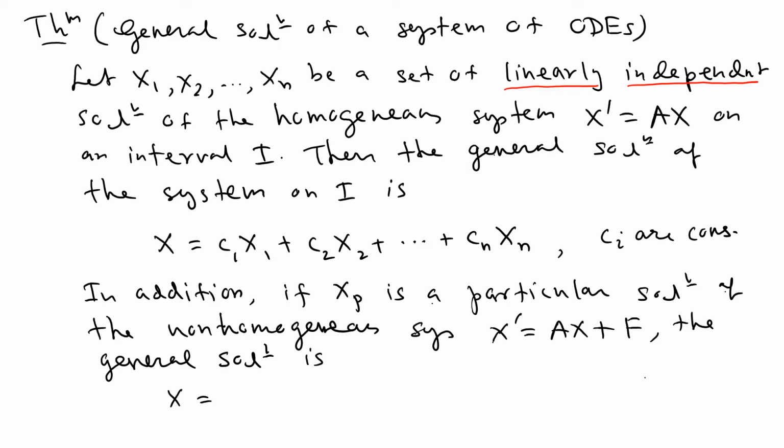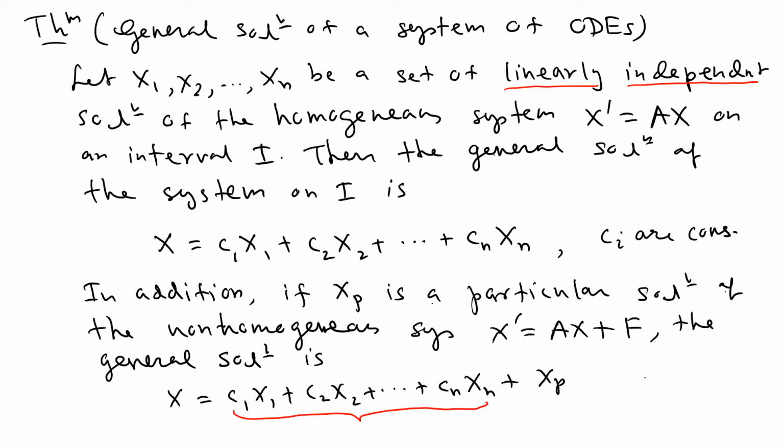X equal again C1 x1 plus C2 x2 like that, and then we have Cn xn plus xp. And this is the complementary solution as before. So we know that it is simply, what we normally do, xc plus xp. That's the same thing, so it even works for the system. So this is just a general theory. Every time I tell you the same thing, simply extended for systems.